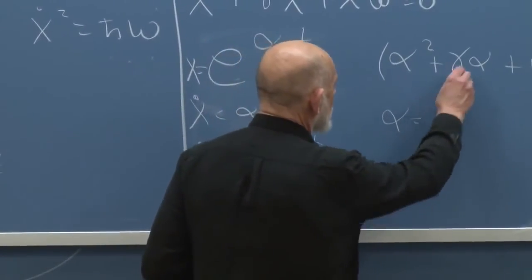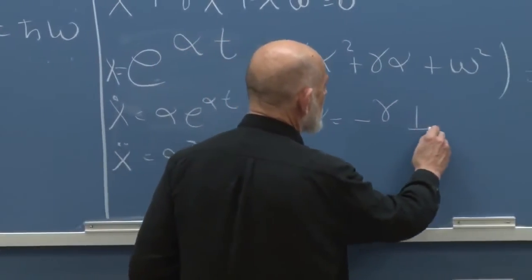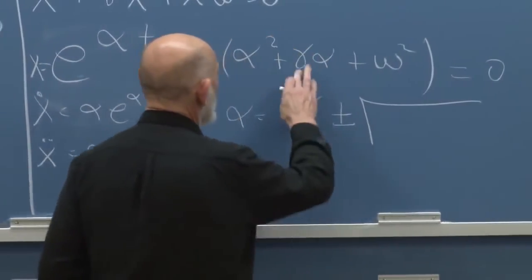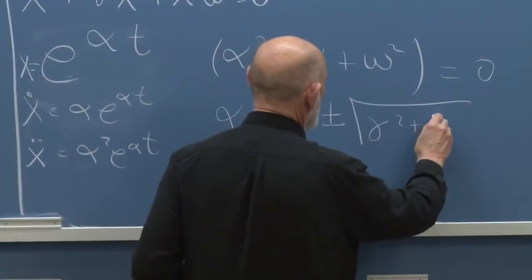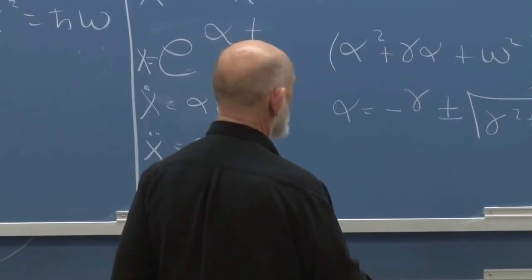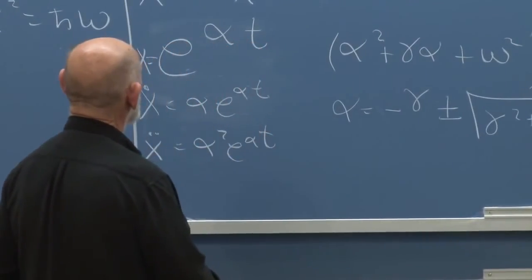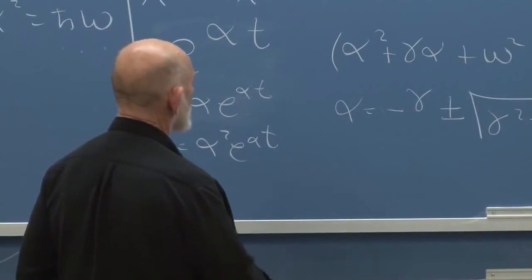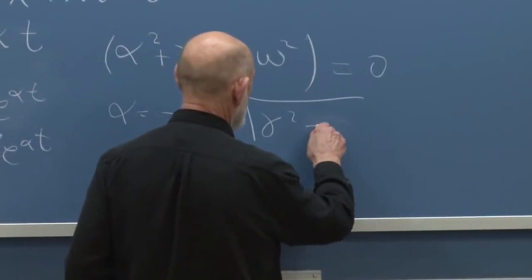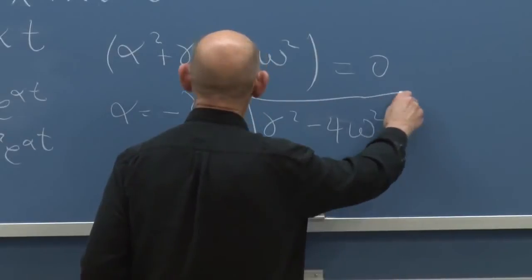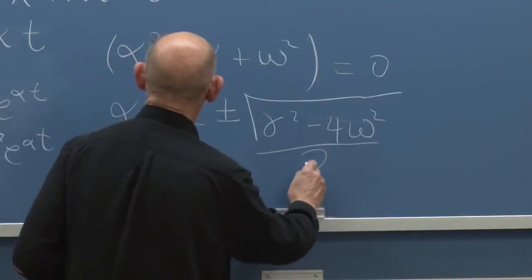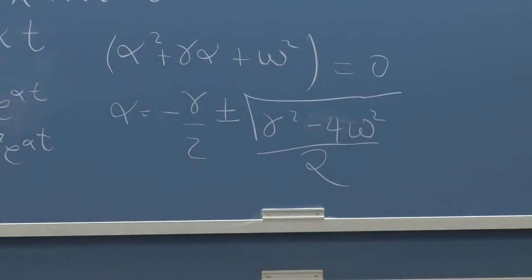Alpha is equal to minus gamma plus or minus, there are two solutions, the square root of gamma squared minus 4 omega squared, over 2. Yeah, b squared minus 4ac, sure.